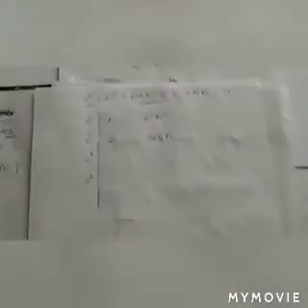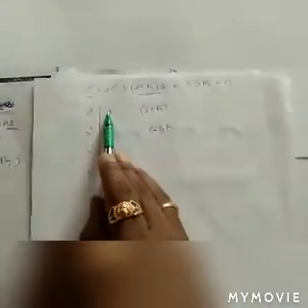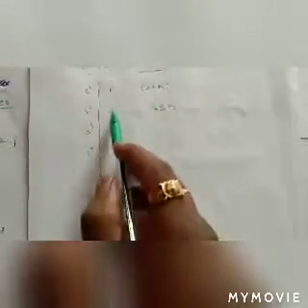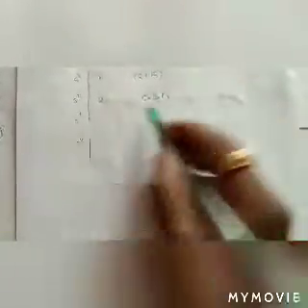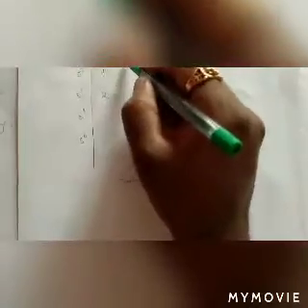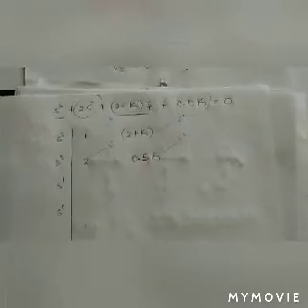Both are odd powers. So the coefficient of s cube is 1, then 2 plus k. Similarly, s square, even, is 2, then 0.5k. If this is s cube, then here it will be s raised to 1. Similarly, if it is s square, then here it will be s raised to 0.